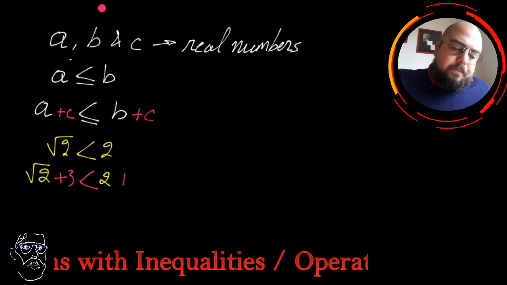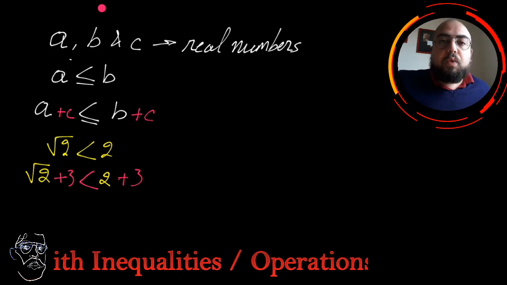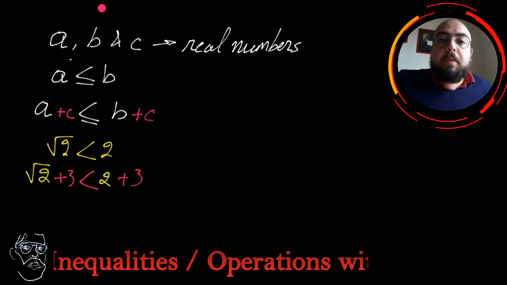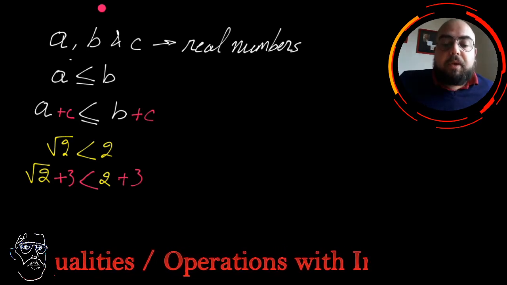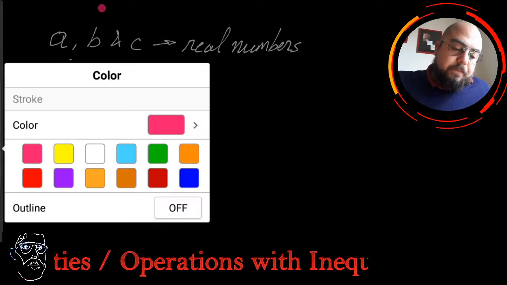As you know, the square root of 2 is 1 point something, plus 3 it will be 4 point something, and 2 plus 3 is 5, so the square root of 2 plus 3 will remain smaller than 2 plus 3.